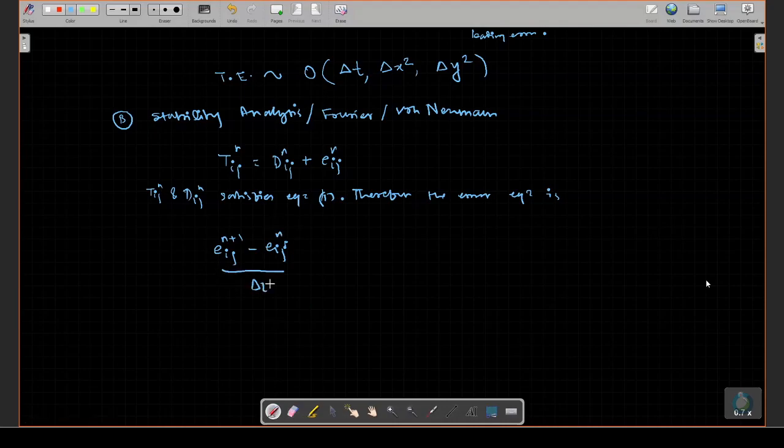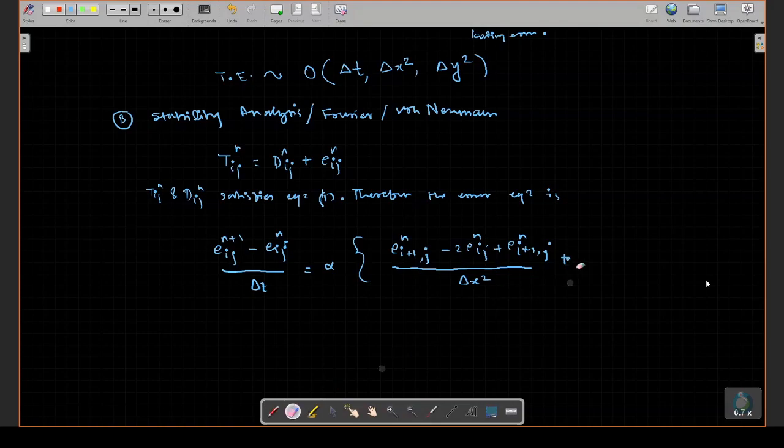So it is delta t and equals alpha, same thing for e i plus 1 comma j minus twice eij plus e i minus 1 comma j, over delta x square, and everything is at nth level, plus e i j plus 1 minus twice e i j plus e i j minus 1, you know.